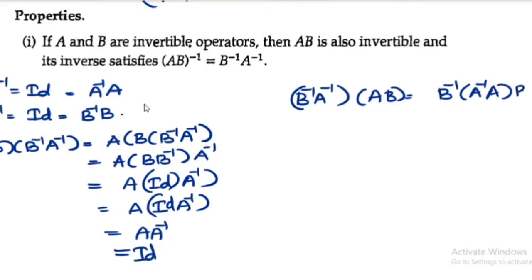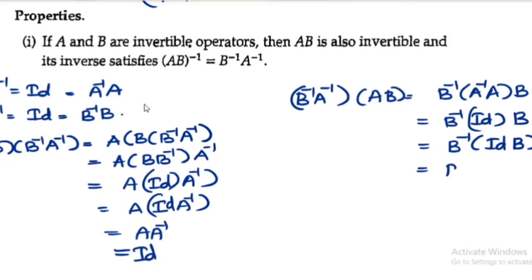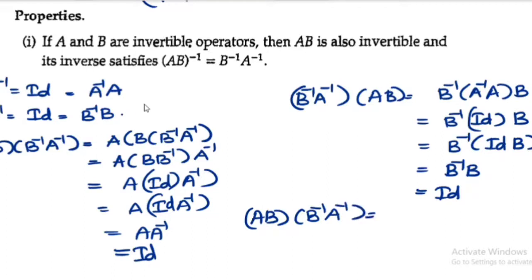You can write this as B inverse A inverse A B, which is B inverse ID B, and this is equal to B inverse B, and this is equal to ID. Thus B inverse A inverse into AB is also equal to ID, and similarly AB into B inverse A inverse is equal to ID.